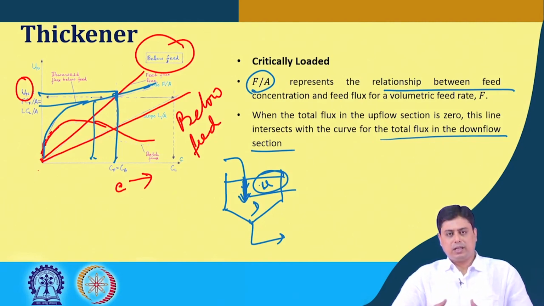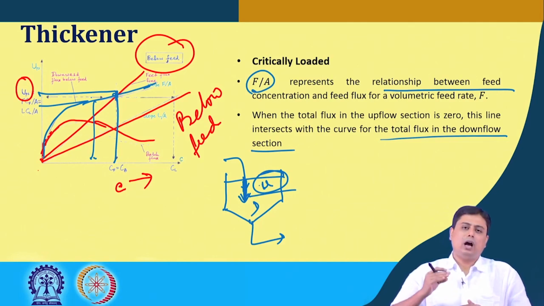So, let me reiterate once again. For a real thickener, once we have this batch settling data and the bulk flow rate, what can we do? We can draw this F by A, where F is the feed flow rate and A the area of cross section. So, F by A and L by A as well as V by A. Now, the V by A is an upward flow.